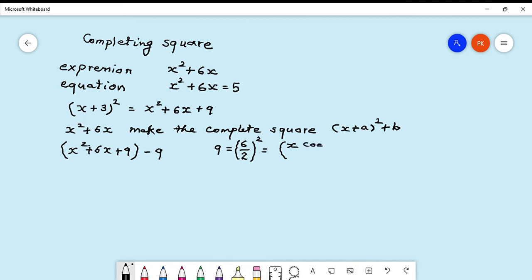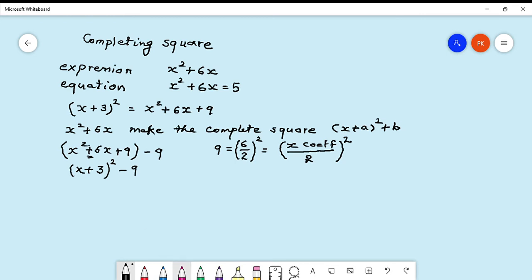That means if I divide the x coefficient by 2 and square it, and whatever number I get, if I add it to the expression, it becomes a complete square. Now see here, this is x square, so I will write the square root x here. Last term is 9, so I will write the square root 3 here. And I will only write the sign of the middle term, plus, here. So this bracket is x plus 3 the whole square and minus 9.